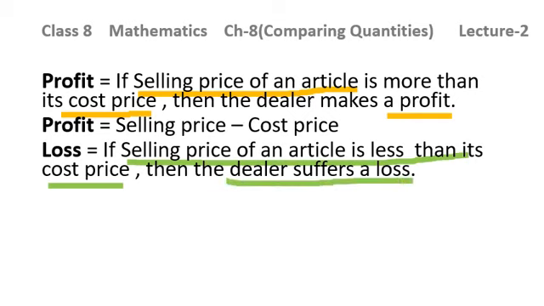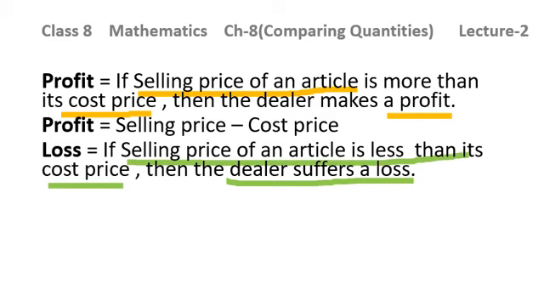For example, if you purchase an article for rupees 100 and sell the same article to your friend or to anyone for rupees 80, the cost price is rupees 100 and the selling price is rupees 80. Selling price is less than cost price, so you will have a loss of rupees 20.